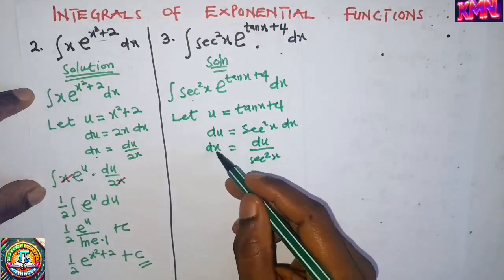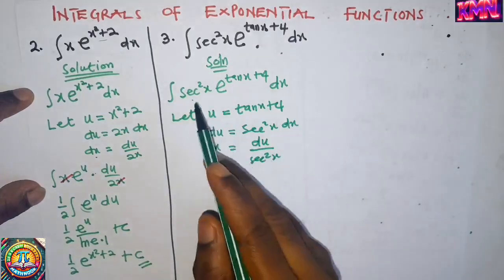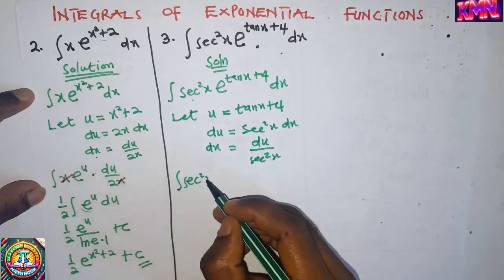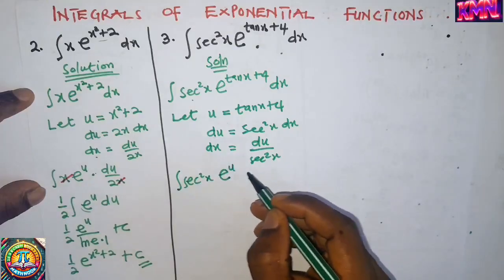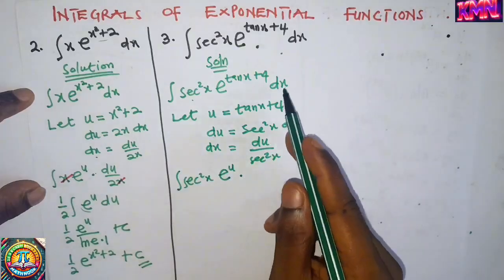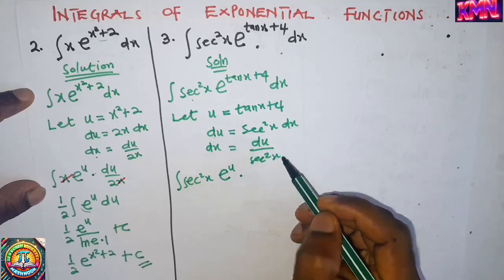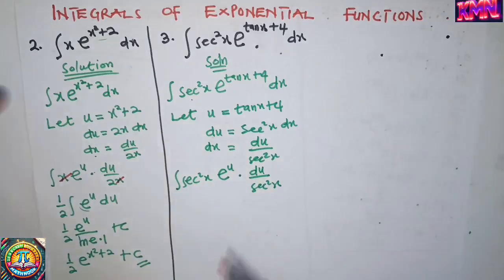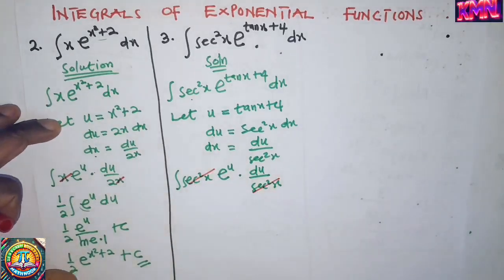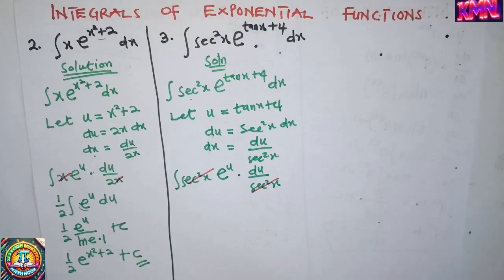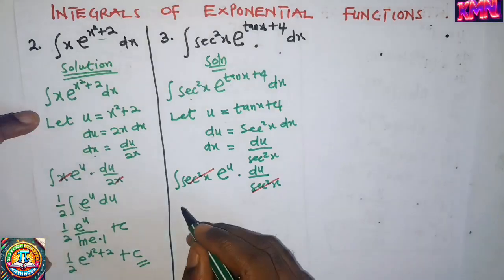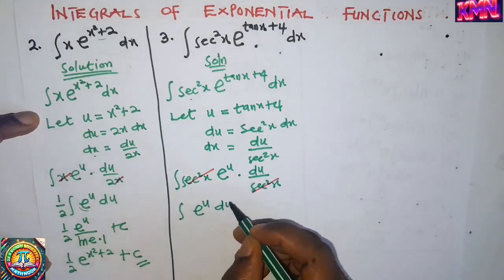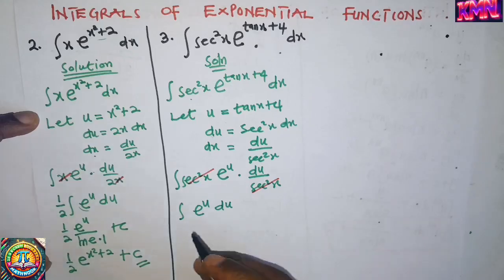Now let's substitute dx and u into the integral, and that will give us integral of sec²x e^u dot, now our dx is du on sec²x. So obviously the sec²x will cancel, which will give us integral of e^u du. So now we have everything in terms of u, so we can integrate.